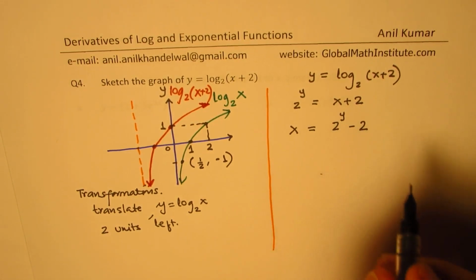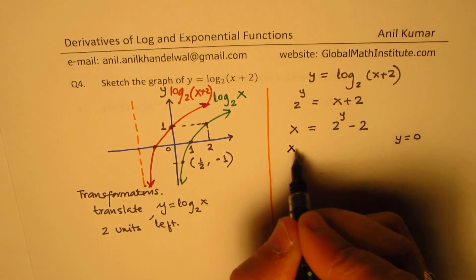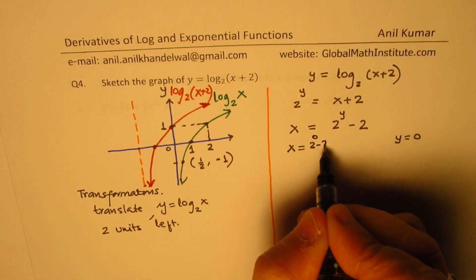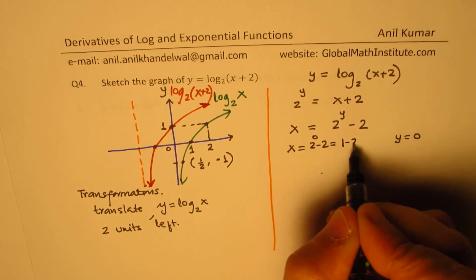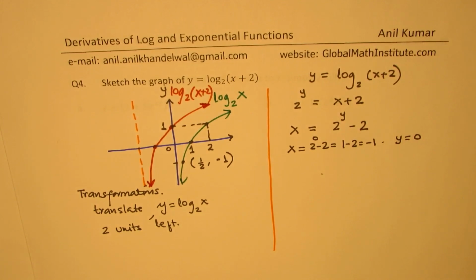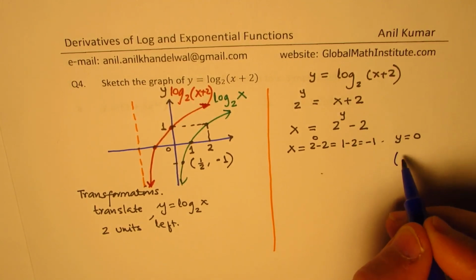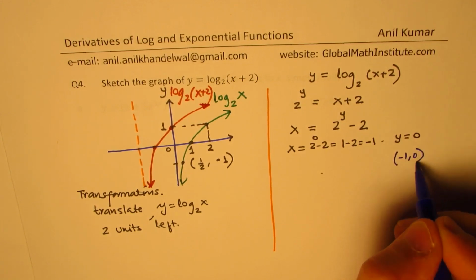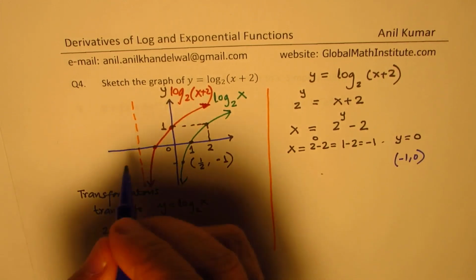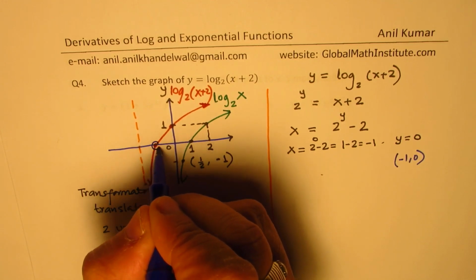If I substitute y equals 0, then we get x equals 2 to the power of 0 minus 2, which is 1 minus 2, or -1. So we get 1 point, which is (-1, 0), right? Which is right here, this point.